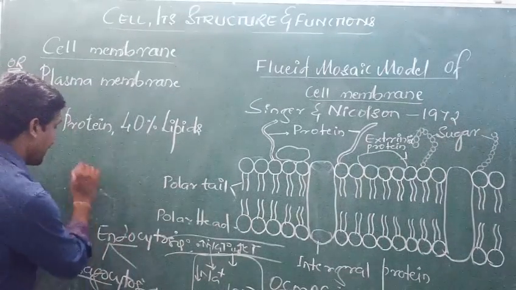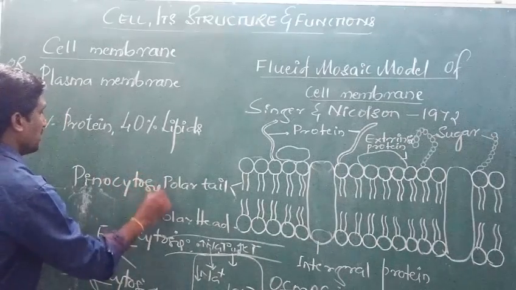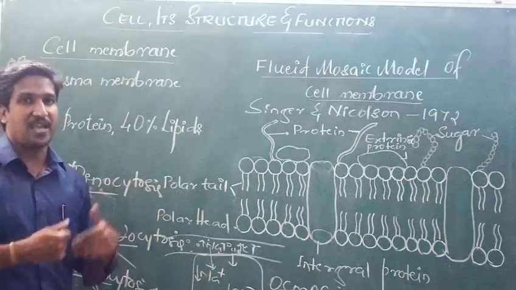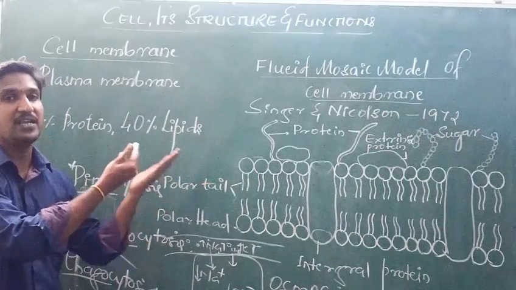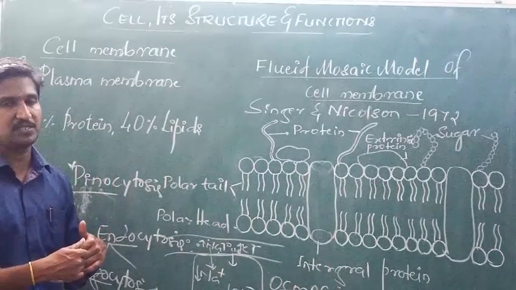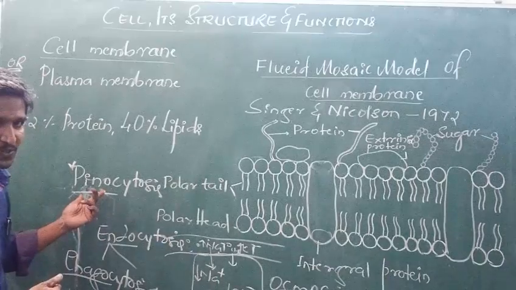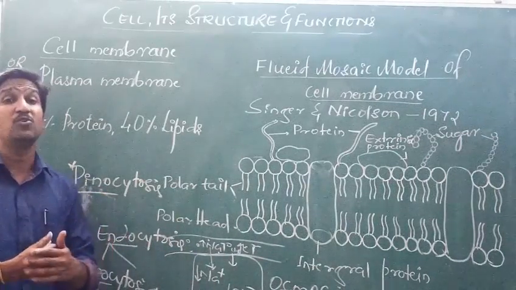Right? Whereas another one is pinocytosis. Pino means to drink. The cell is drinking. The cell takes fluid material inside the cytoplasm through the help of the plasma membrane. That is called pinocytosis. So this is said to be endocytosis.